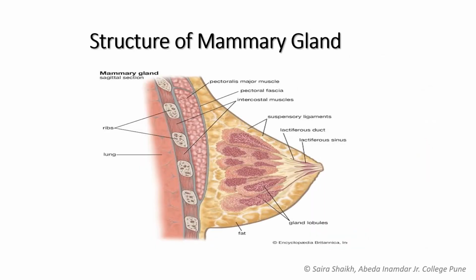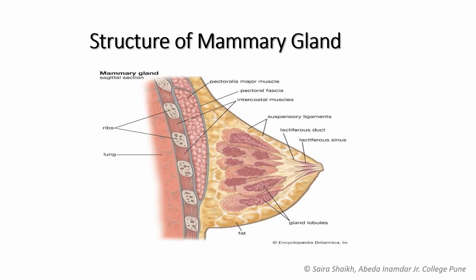Mammary glands are modified sweat glands. They are present in the pectoral region. They are attached to the thoracic wall by a muscle layer called the pectoralis muscles, on which the development of the mammary gland is seen.